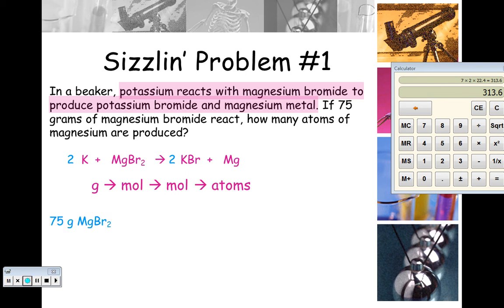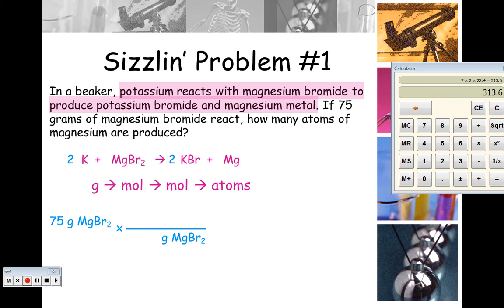Okay, I'm starting with 75 grams of MgBr2. If I'm converting this to moles, James, what goes at the bottom of this fraction? Grams of what? MgBr2. Absolutely. Where do I get that number from? Good. So grams of MgBr2 goes at the bottom. At the top is what?